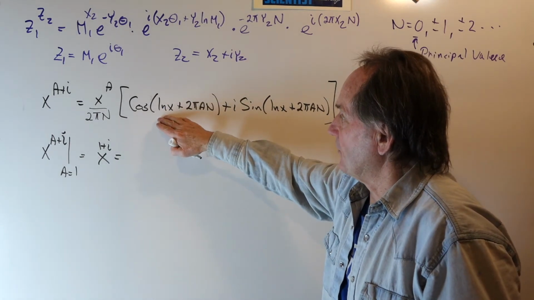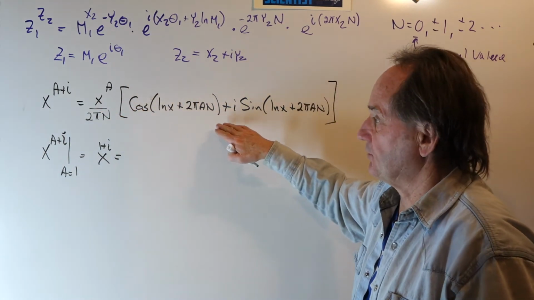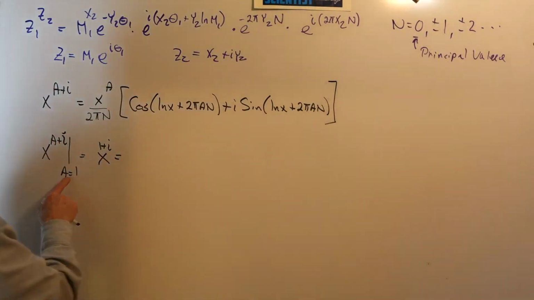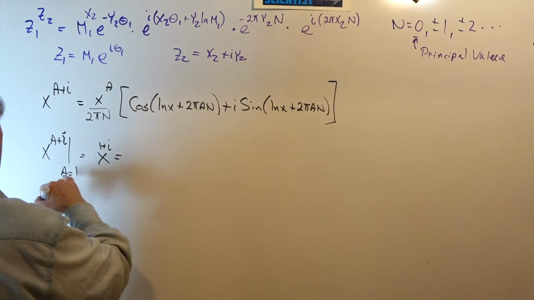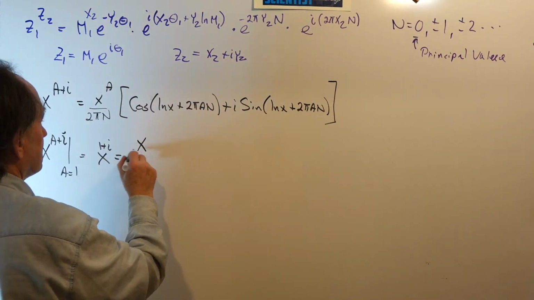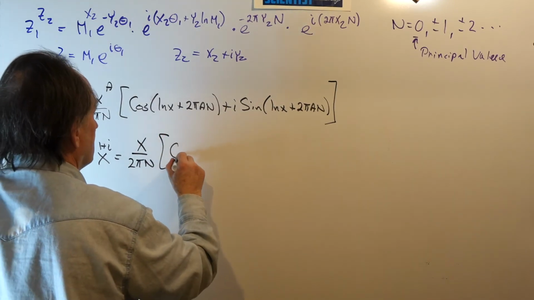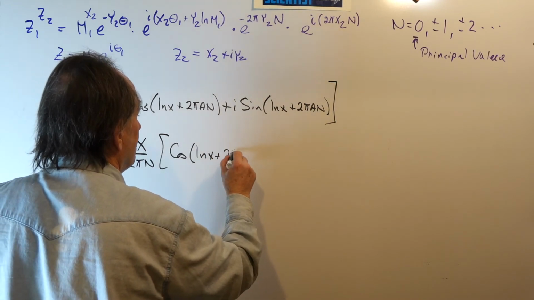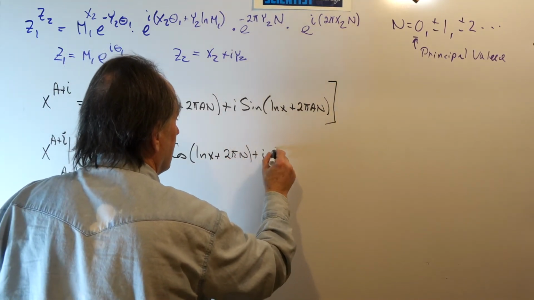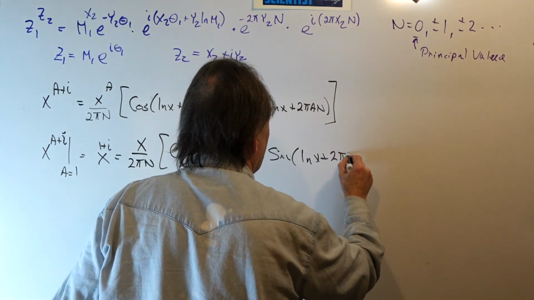Here is the general form of x to the a plus I that we just derived, and we're going to now substitute in a equals 1 to get x to the 1 plus I. Doing so, we end up with x over e to the 2 pi n times the cosine of the natural log of x plus 2 pi n plus I times the sine of the natural log of x plus 2 pi n.